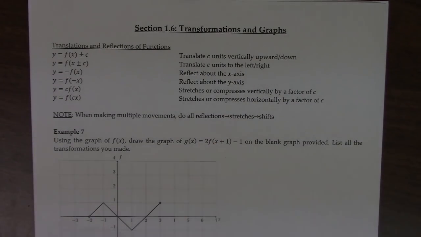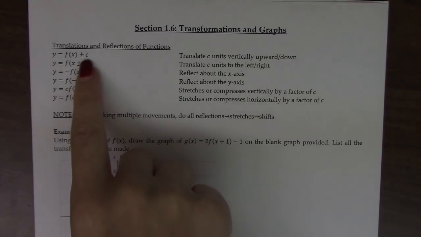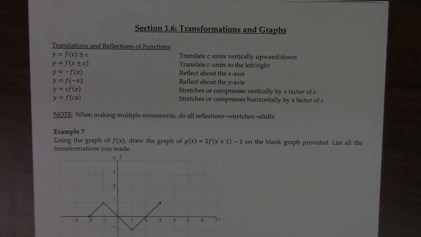One thing I want you to keep in mind is that changes to the outside of the graph have a little bit different meaning than changes on the inside. Changes on the outside are pretty direct, and you can see that in the first line here. If I add 2 to every value of f of x, and remember, f of x are just the y values that came out of the original function, I'm increasing all the y values by 2.